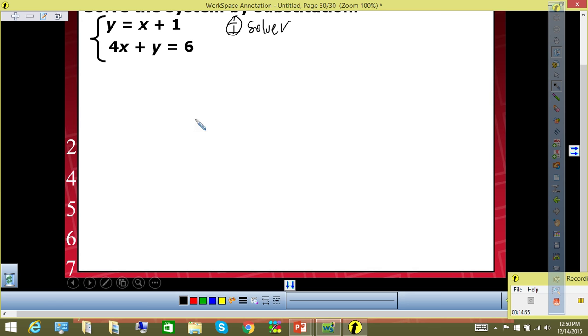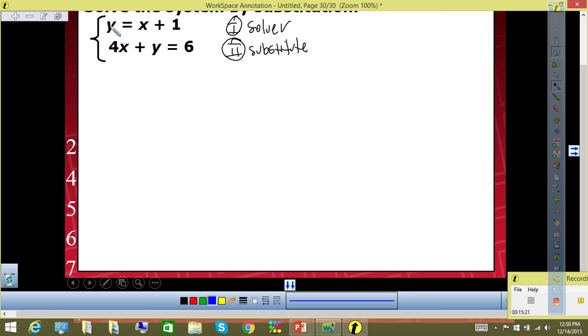Which one's already solved? The first one, solved for y. Therefore, we go to step 2, which means to substitute. Yes, Santi? Does it always have to be solved for y? No. On the other one, we could solve for x. Whichever is easier.